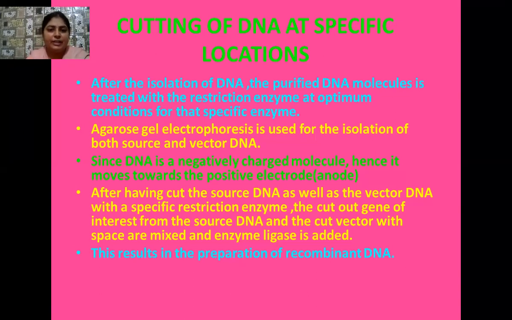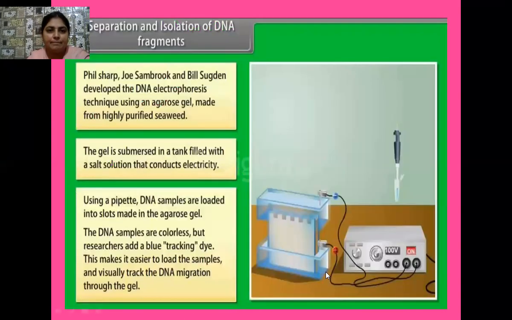Okay, students, so in this way, after joining these alien pieces of DNA with their respective plasmid vectors, we obtain the recombinant DNA. Here I have shown you the agarose gel electrophoresis apparatus, and this apparatus is generally used for the separation of the fragments of alien DNA as well as plasmid DNA.